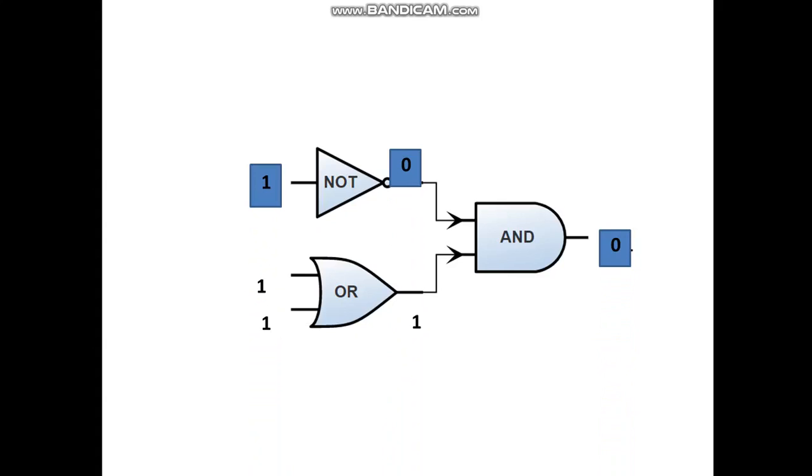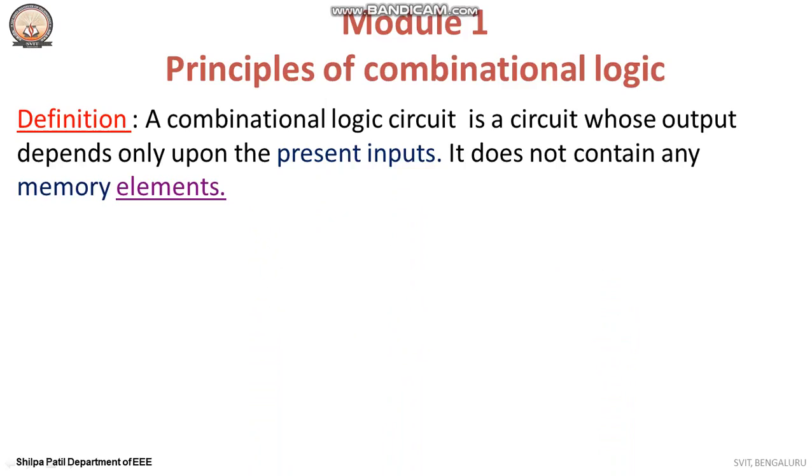Such circuits we call a combinational logic circuit. And since it doesn't depend upon any past history, we don't have any memory elements in a combinational logic circuit. Whereas in a sequential logic circuit, the output depends on the present input and the past history. In detail, we will study that in module 3.